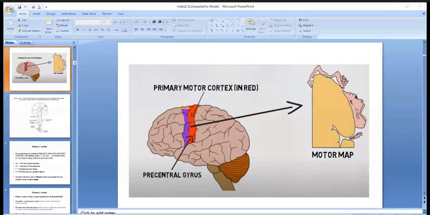Likewise, the sensory homunculus is also there. That is also upside down, and that is also a caricature. Up to this, is it clear? If it is not clear, tell me then and there.